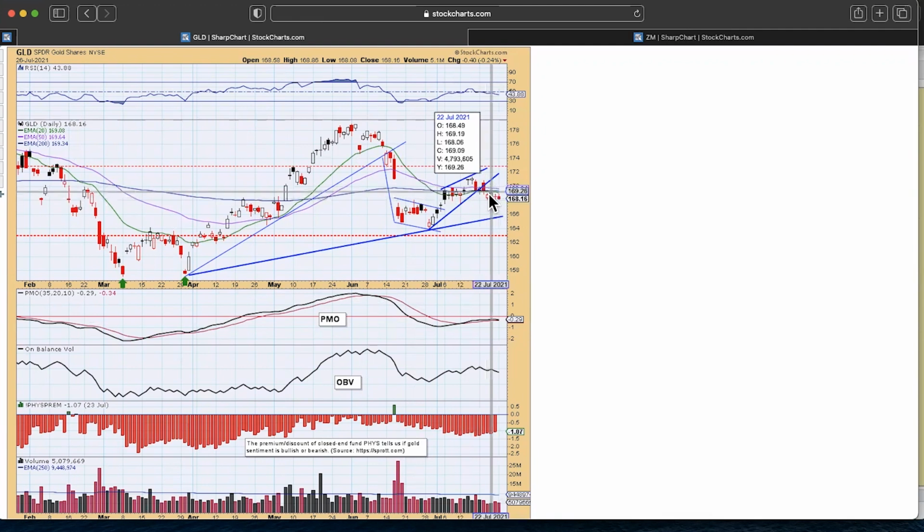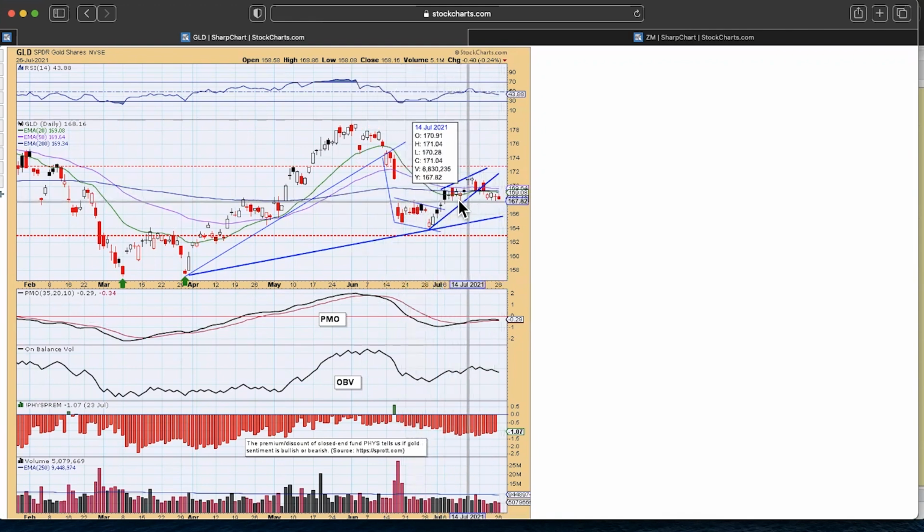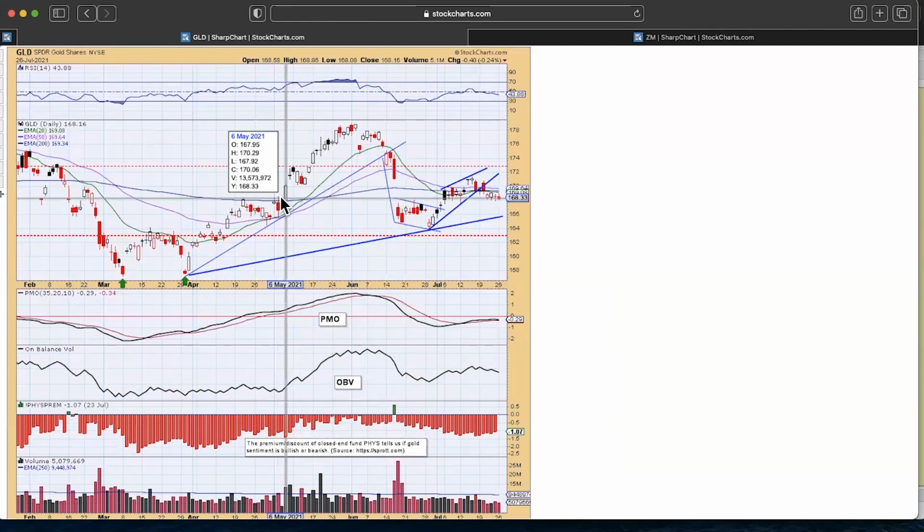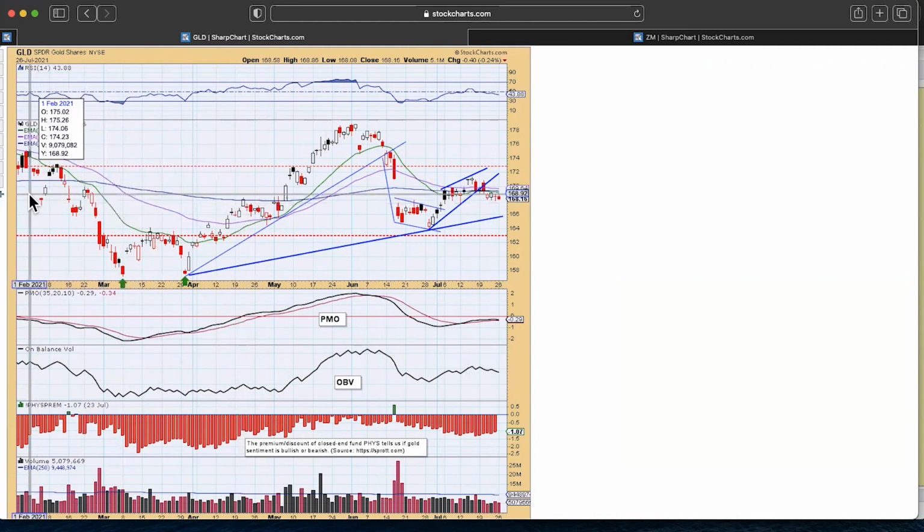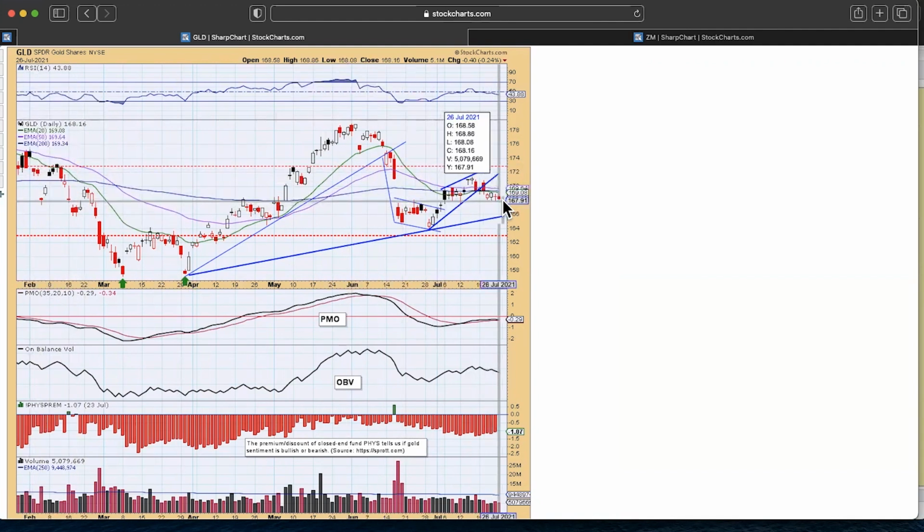Price is just in this little congested trading range right now, holding on to support right here at these lows, the top back here from June. And then if you go across, it lines up pretty well with this top here back in April. And it's kind of lining up here with that low back there as well. So there's a lot of support here, and so far it is holding up.